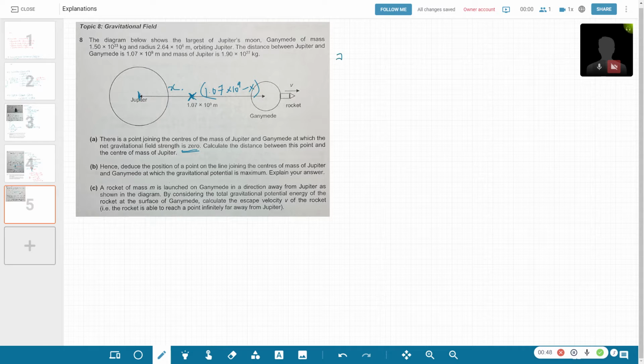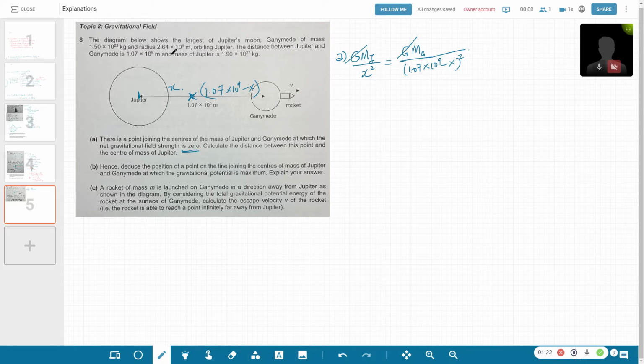So for part A, the neutral point means G mass of Jupiter divided by x square, because they want the distance between the point and Jupiter, equals G mass of Ganymede over (1.07 times 10 to the power of 9 minus x) square. The G cancels out on both sides.